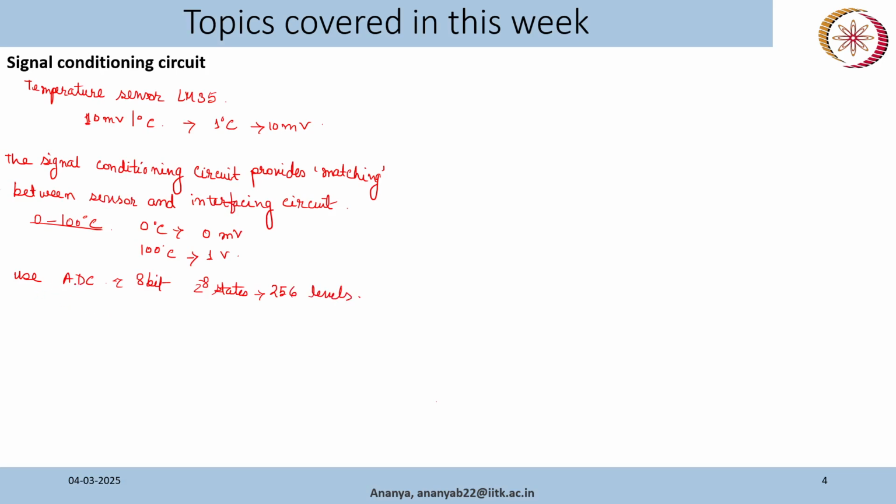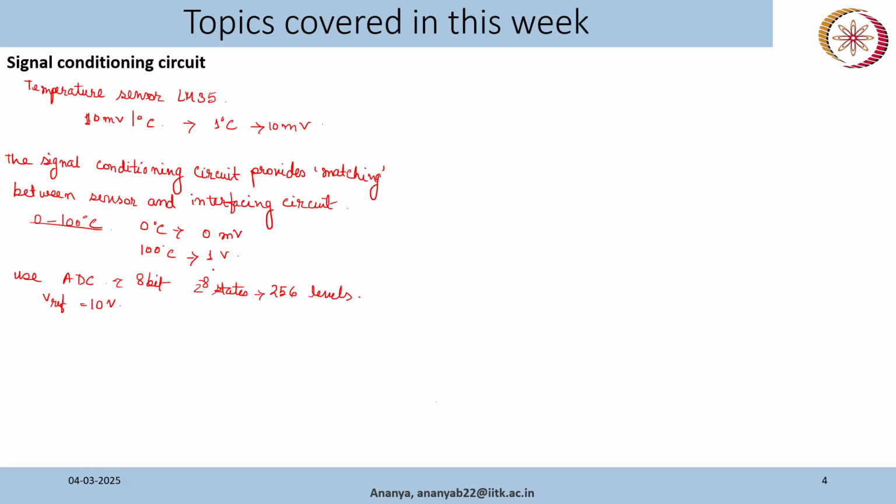Now if our reference voltage for the ADC is 10 volt, then the 0 state will be 0 volt, and the 255 state will be 10 volt. Okay, now we are interested in 0 to 100 degrees Celsius, that corresponds to 0 to 1 volt, not 10 volt.